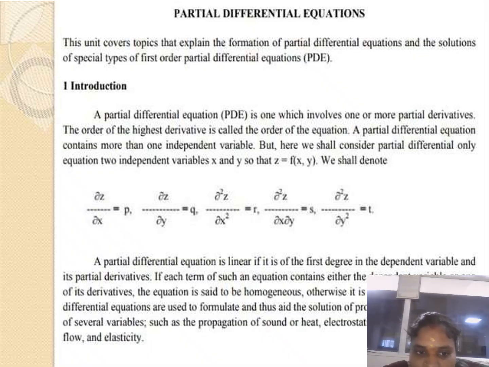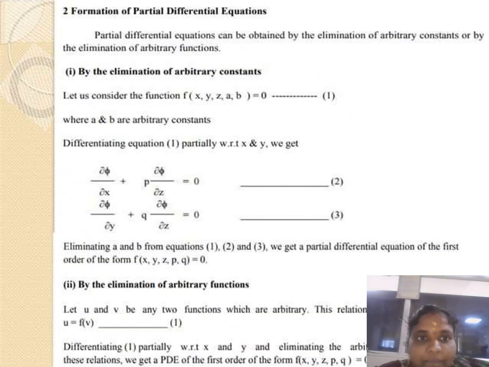Partial differentiation with respect to x once means p, with respect to y once means q, twice with respect to x means r, twice with respect to y means t. Once with respect to x and once with respect to y is denoted as s. These are the main notations of PDE.